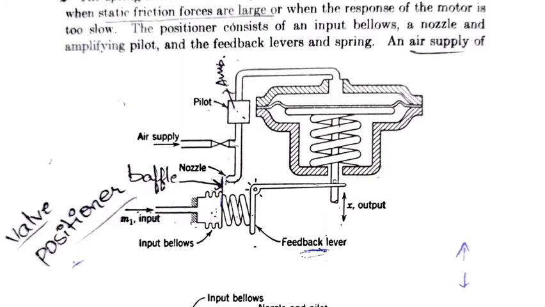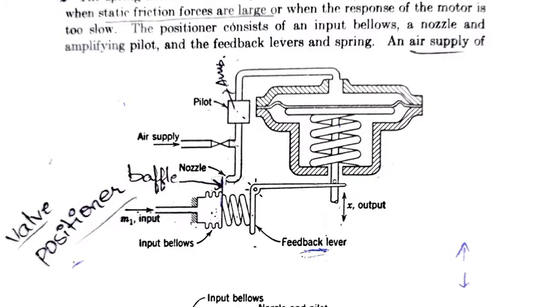That air pressure is applied to the diaphragm here. Whenever we apply air pressure here, the diaphragm moves down. Whenever the diaphragm moves down, the stem connected to it moves down, which restricts the flow rate. As the stem comes down, the feedback lever also comes down.